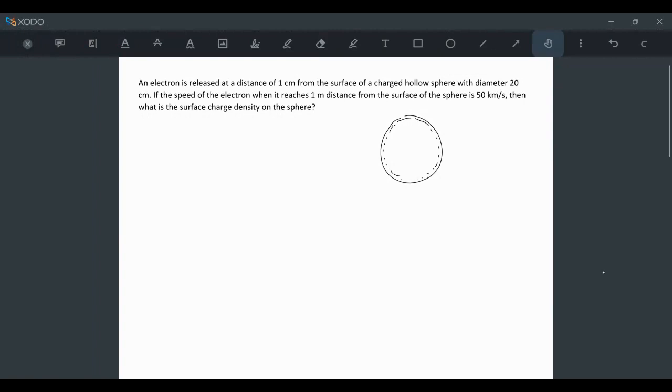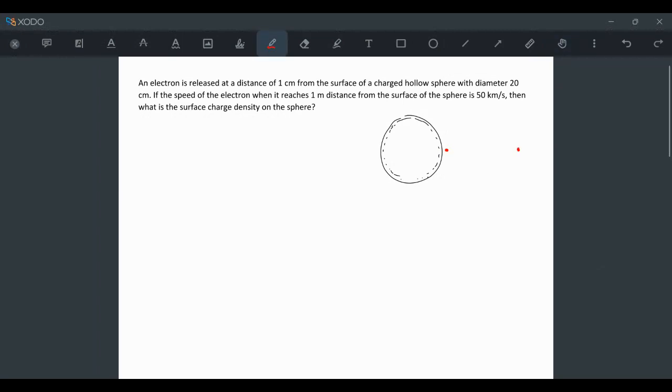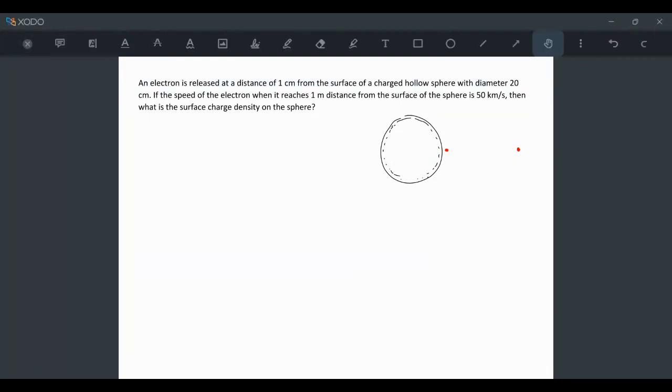We've got an electron that starts pretty close, 1 centimeter, a pretty small distance, and then sometime later it's released. We're told that it starts out at 1 centimeter and goes to a meter, so it's obviously moving away. From that, we can conclude that there's some repulsion going on.